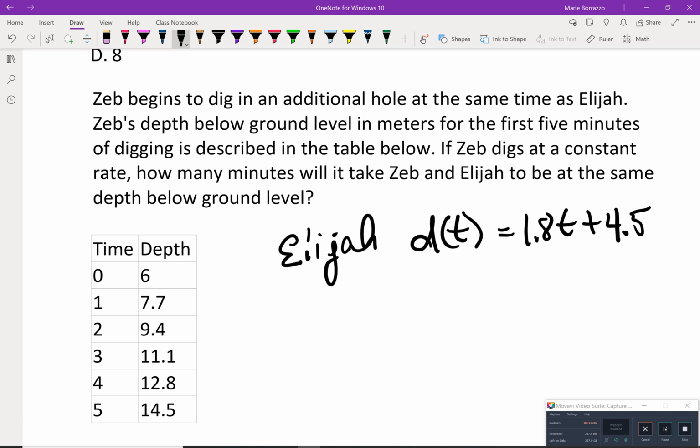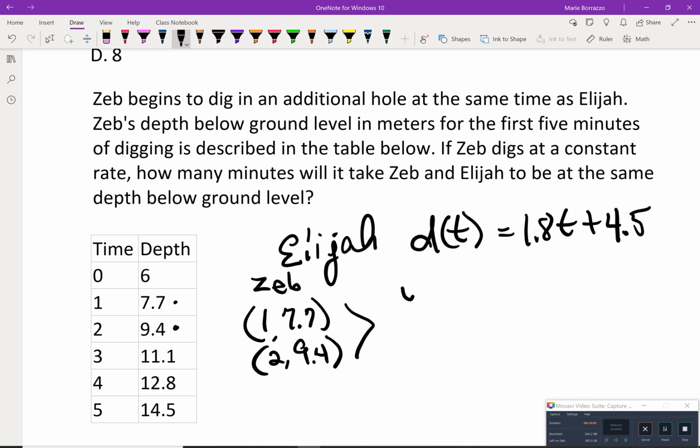I'm going to take these 2 points: 1 comma 7.7, and 2 comma 9.4, and find a slope for Zeb.